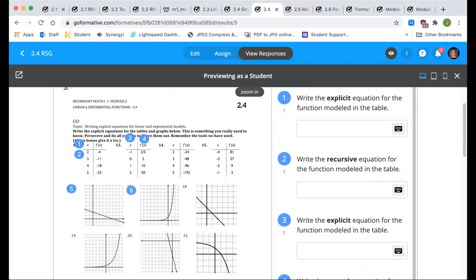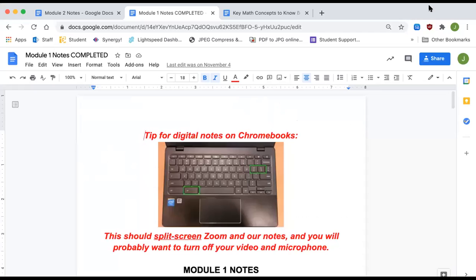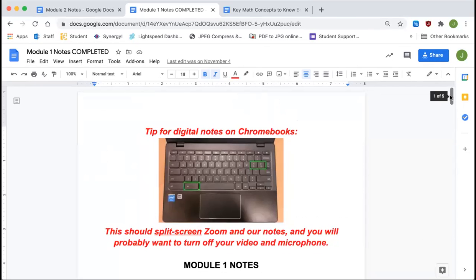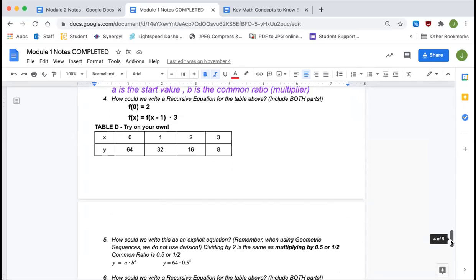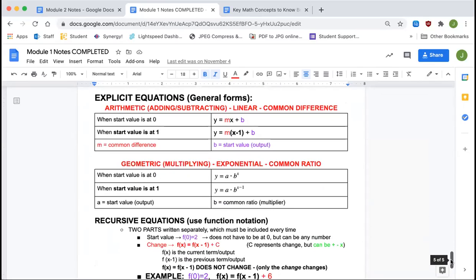And before we even begin on this, I'm going to share the module OneNotes, which I keep sending out in the chat, especially for page 5. There's explicit equations, recursive equations, right? Where they come from, how they work.